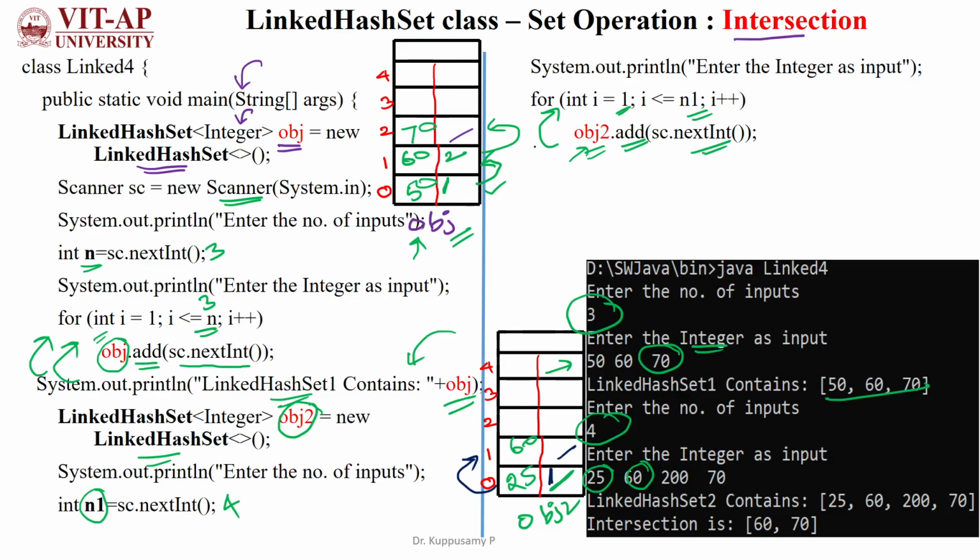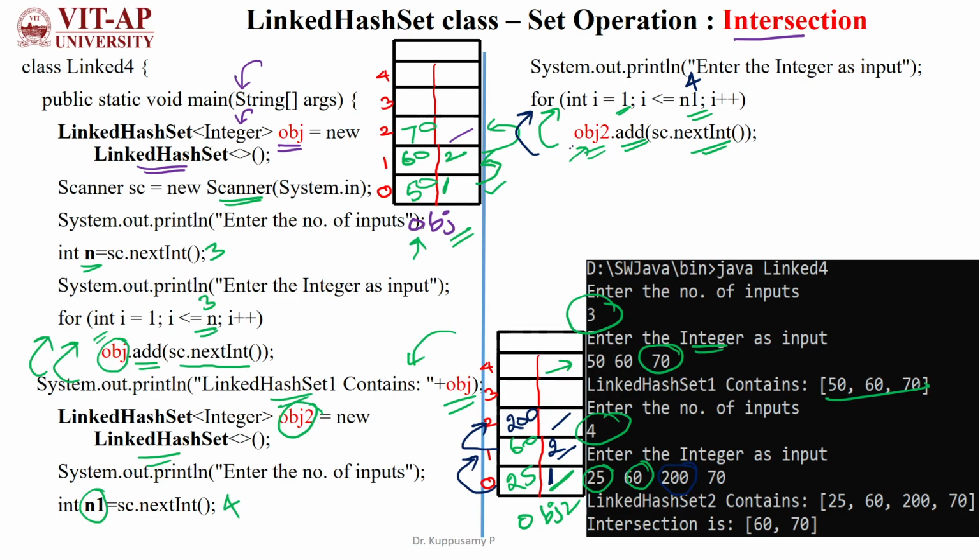Then again the for loop is repeating until the condition, 4 elements. Then 200 is given as an input. So 200 will be written here. Now the link is going to be created between 60 and 200. So here the index will be updated in the address portion. Here it is null.